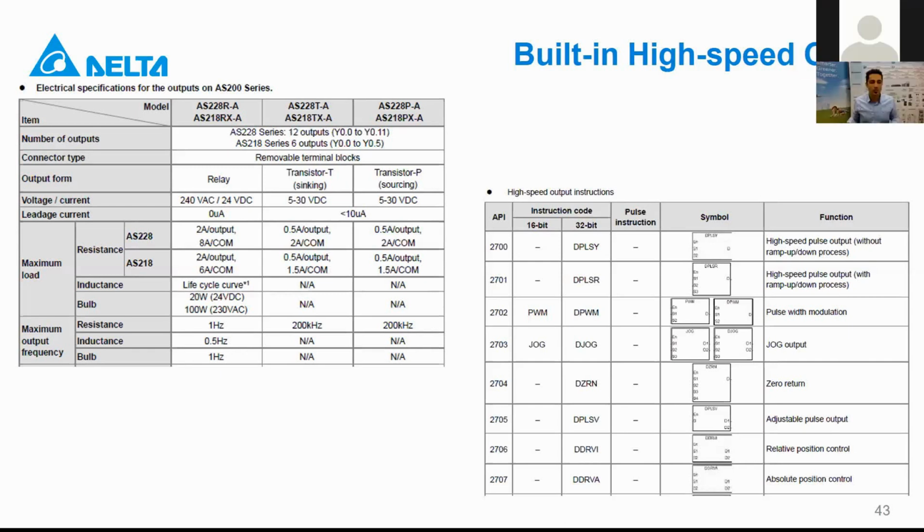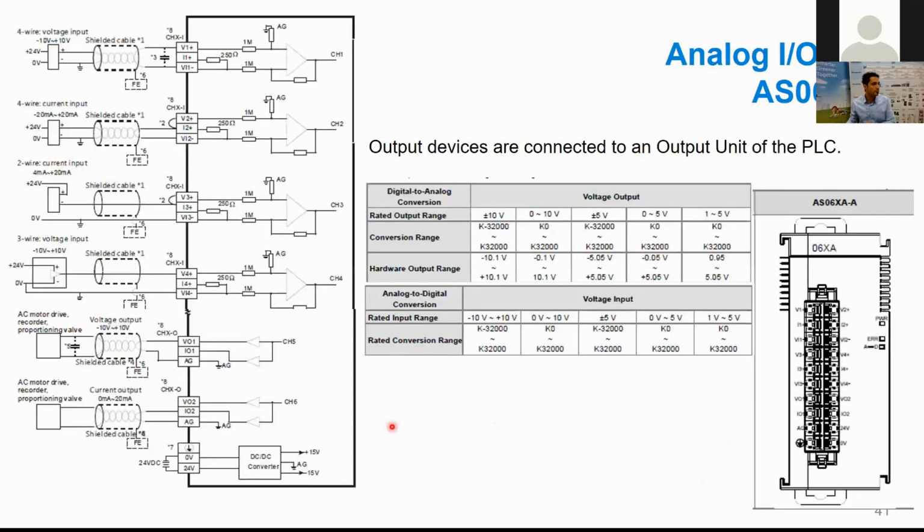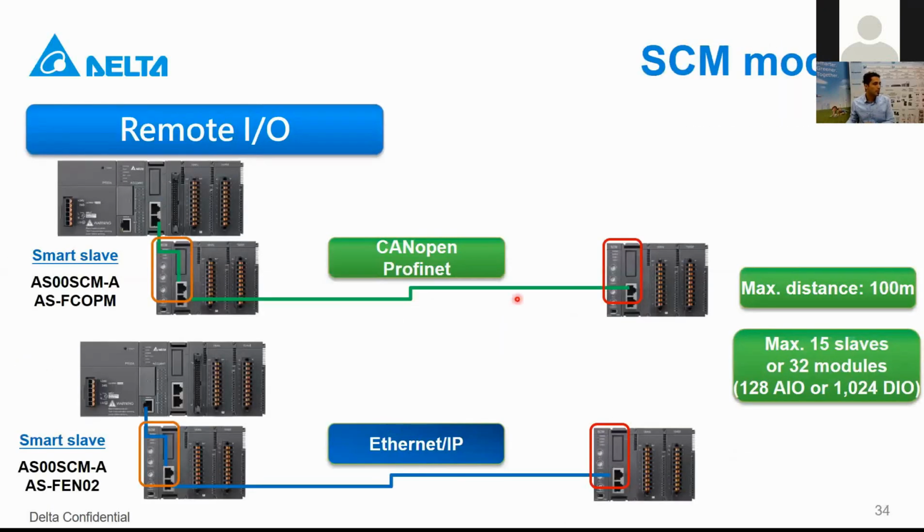Okay, so how many remote I/O modules can the CPU support? Well, it depends, let me go back. Here, there is a maximum of 15 slaves and 32 modules. And also you need to think about the I/O points. So there are different combinations.